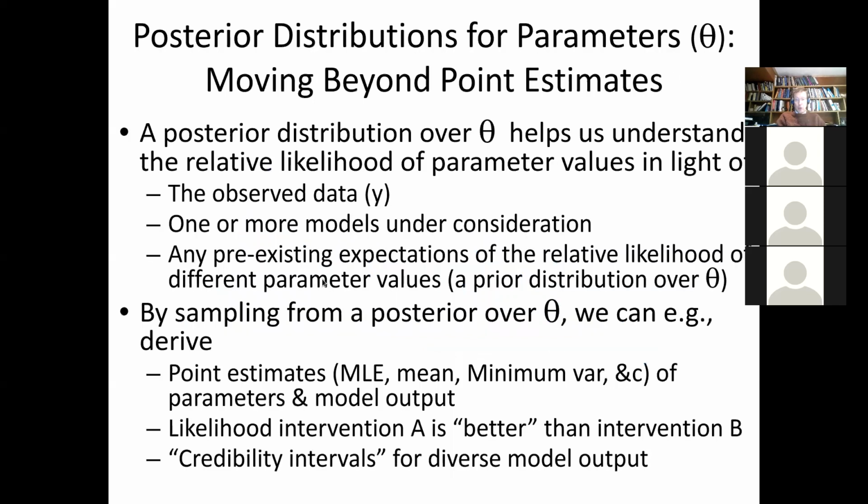And by so doing, we're going to be able to run the model forward and get credibility intervals on the results, 95% regions within which it falls 95% of the time. We're going to be able to get statistics on model outputs, say no more than 5% of the time do we expect the number of hospitalizations to exceed this, or the number of people overnight in the ICU or overnight in the hospital to exceed these values, et cetera.